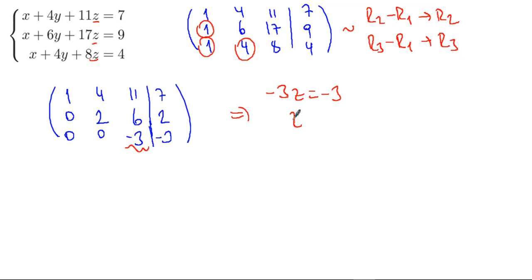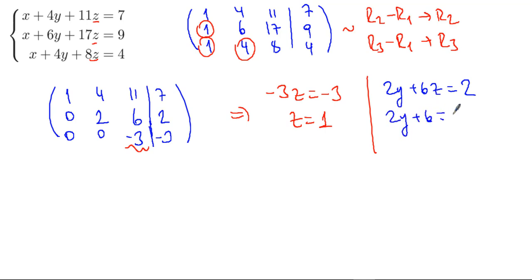From here, we can see z is 1. Now I found one of the variables. Now I will use the second row. The second row says 2y plus 6z equals 2. I have already found z equals 1. So 2y plus 6 equals 2. So from here, y will be minus 2.